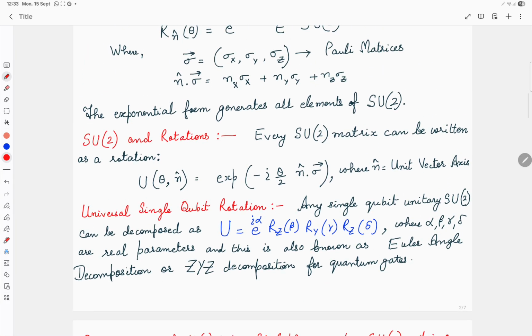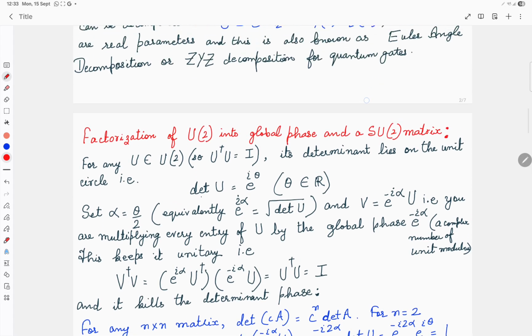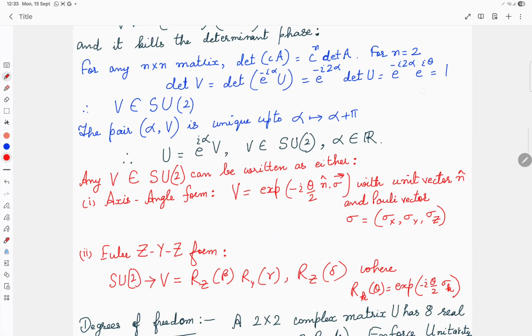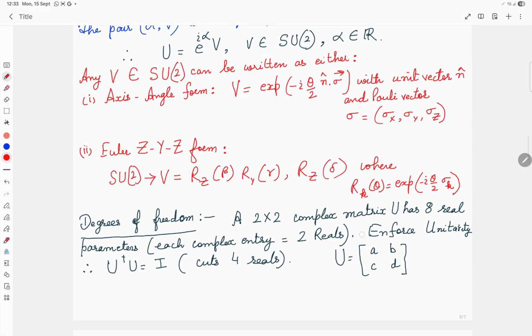Every SU(2) matrix, a special unitary group 2, is unitary and its determinant is equal to 1. Now if you ignore the global phase here, it can be decomposed as follows.